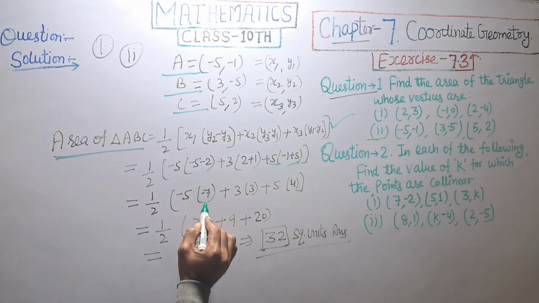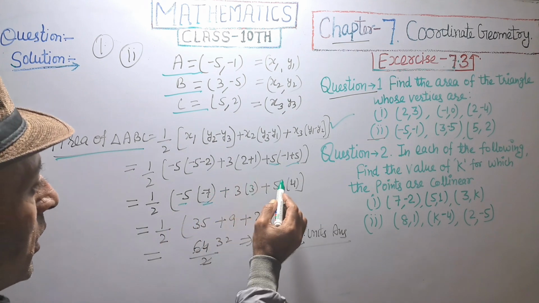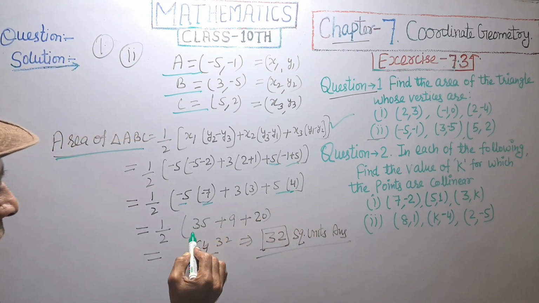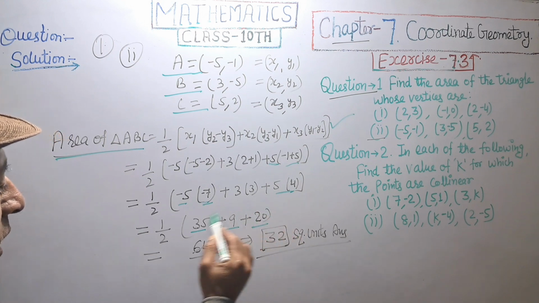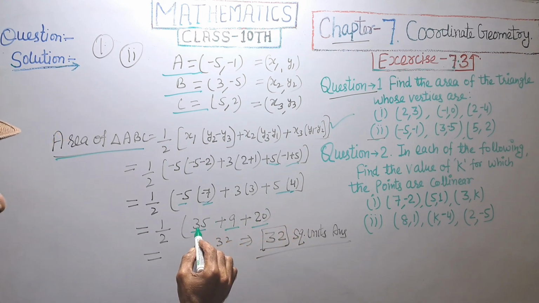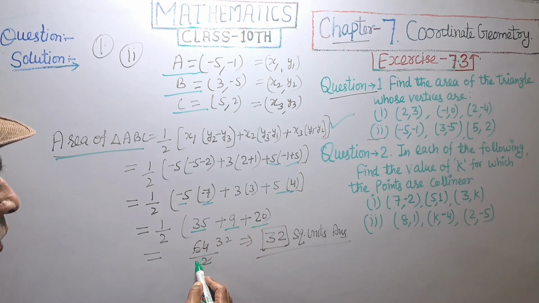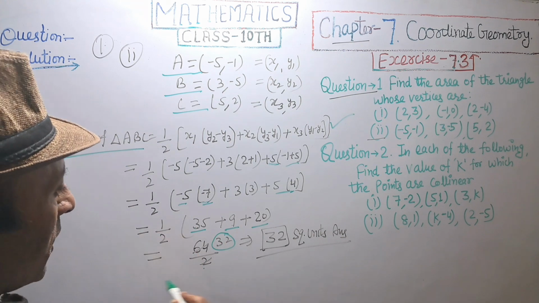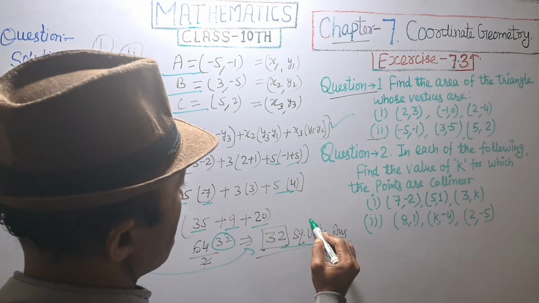So we get minus 5 into minus 7, 3 into 3, plus 5 into 4. 7 5s are 35, 3 3s are 9 and 5 4s are 20, and addition of 35, 9 and 20 is equal to 64, which divided by 2 is 32. So area of triangle ABC is equal to 32 square units. Answer.